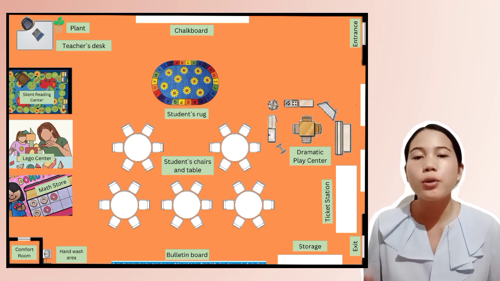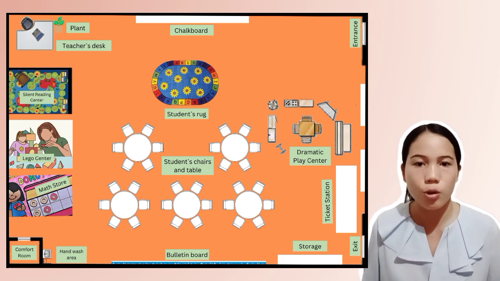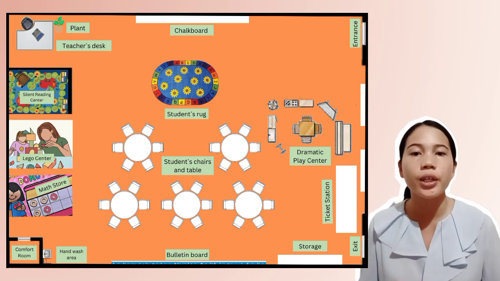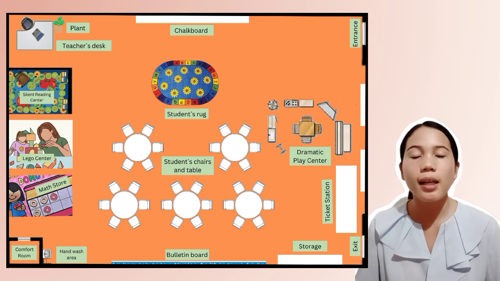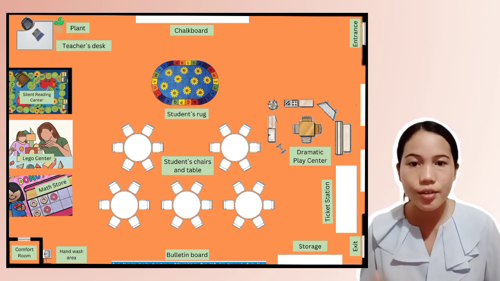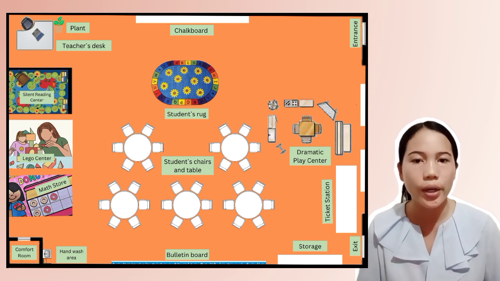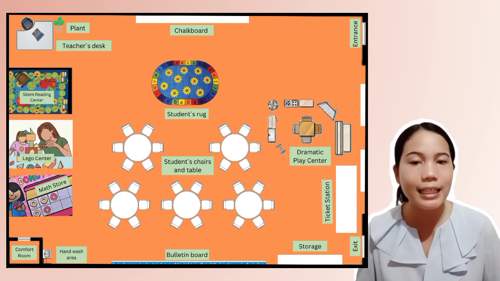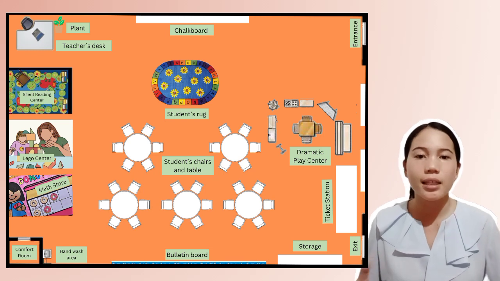So using these objects, they can form what they want to form, like objects or animals or flowers, pots, and so on. Now let's proceed to the next center, which is the math store. The math store is obviously for those pupils who are numerically inclined, those pupils who have logical mathematical intelligence.